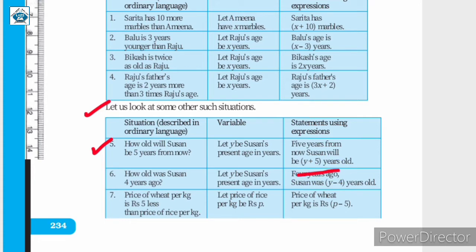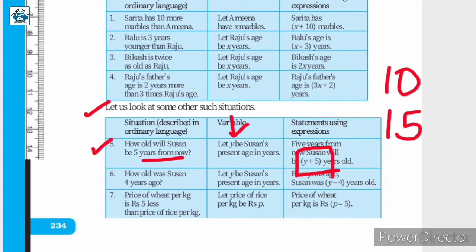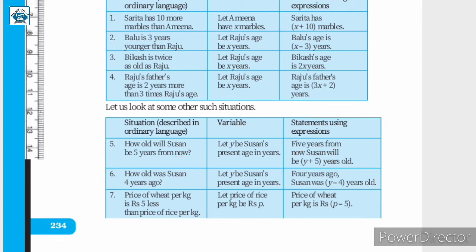Again taking numerical examples, if Susan is 10 years old now, that is as of this year, then 5 years from now, यानी अभी से 5 साल बाद, she will be 10 plus 5, that is 15 years old. So if Y is her present age, then Y plus 5 years will be her age 5 years from now. So this is the expression.